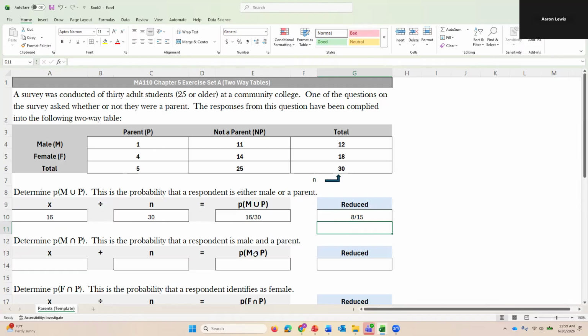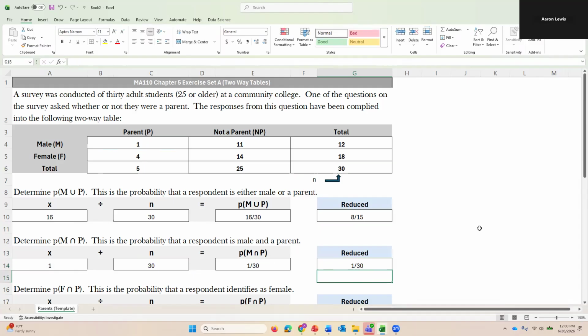What about the intersection, male and a parent? Well, that means that they have to meet both conditions. And in our survey, there is only one respondent that met both conditions. That's the intersection, why they call it the intersection of these two. We have one male parent out of the 30 people in the survey, or 1/30th of our sample were parents that identified as male, which you can't reduce because it's already in lowest terms.